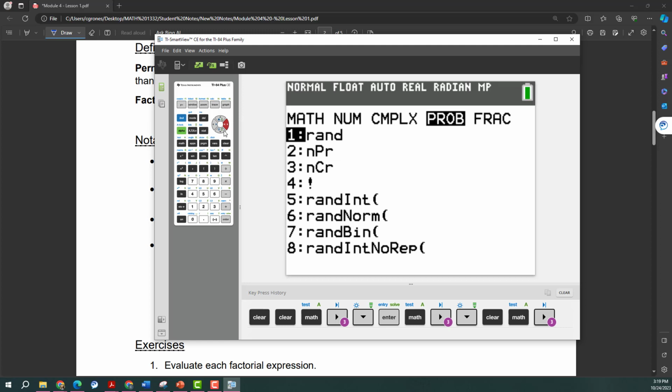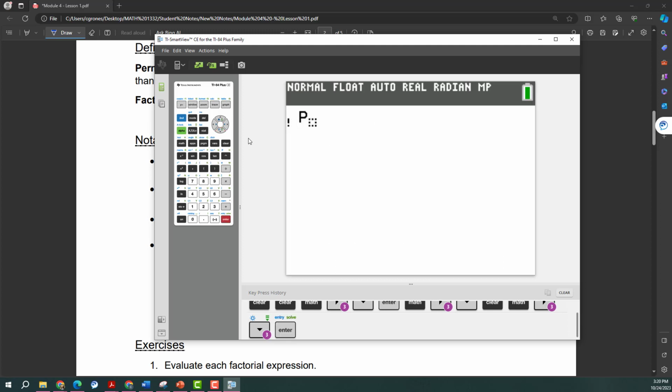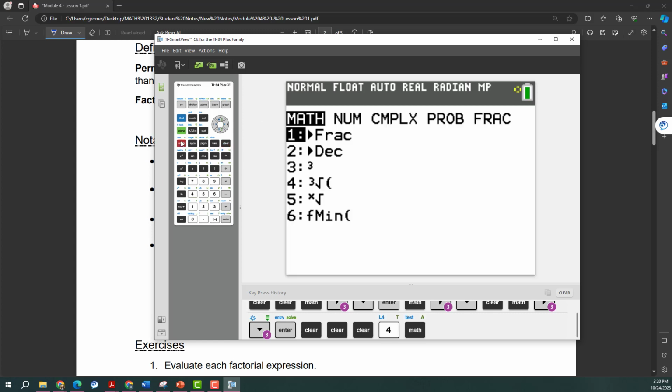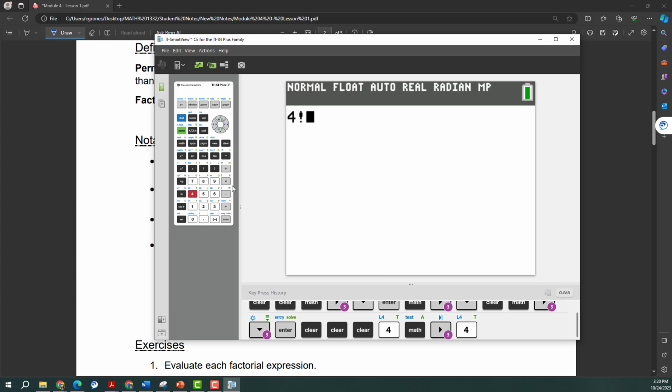It's that exclamation point. So you'll have to put your number first. If we do 4 factorial, we'll put the number 4, and then we'll go over to math, probability, and then make sure the exclamation point is after, and click enter, and it'll calculate it for you.